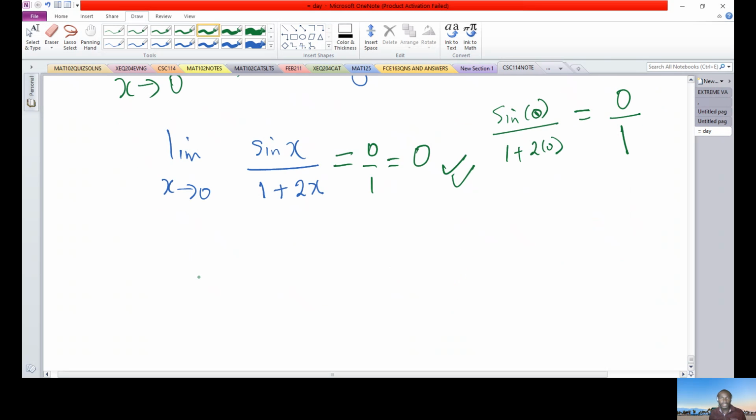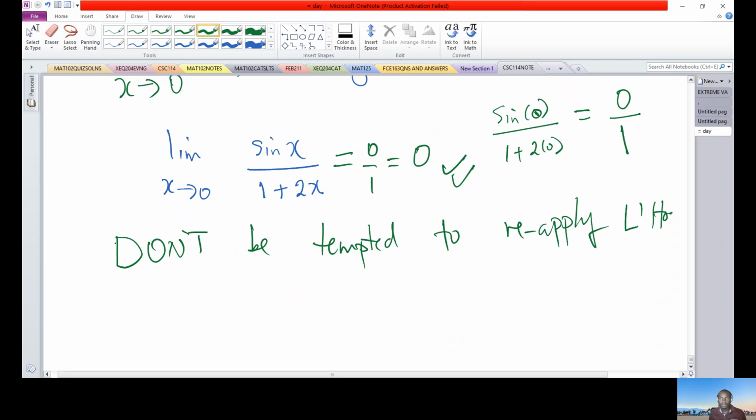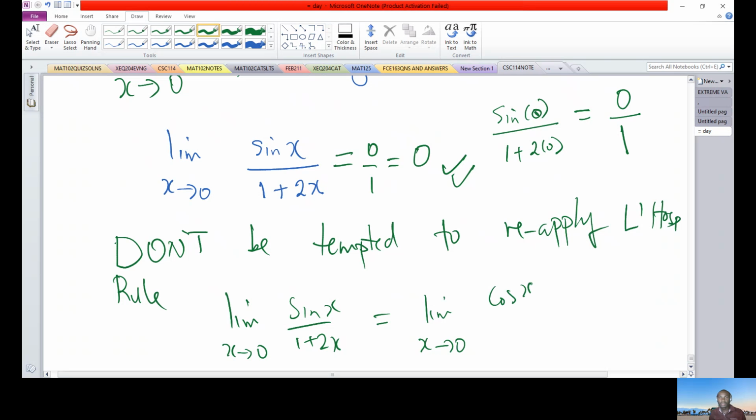So in this question, please don't be tempted to reapply L'Hospital's rule to this limit, x approaches 0 of sine x over 1 plus 2x, by saying that it will be now limit as x approaches 0, when you differentiate sine, you get cos, when you differentiate here, we get now 2, and then you replace cos of 0 over 2, then say a half.